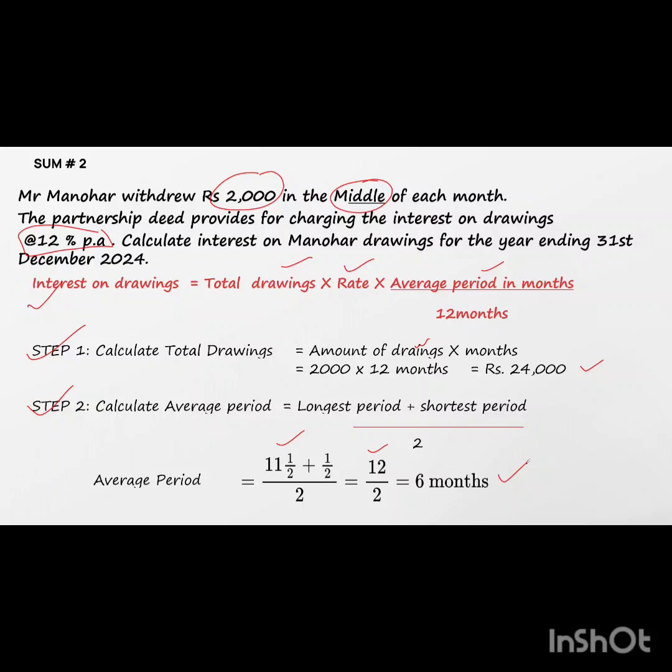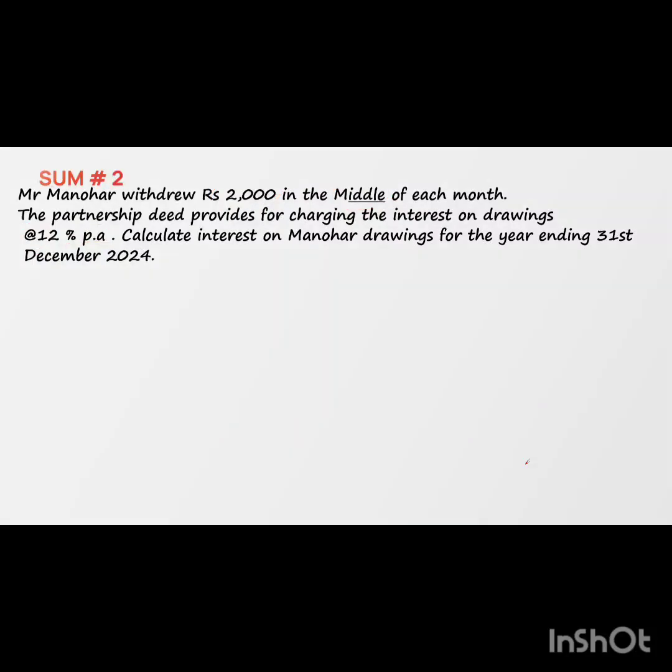So the average period here is 6 months. Now we have to calculate the interest on drawings. The third step, the interest on drawings formula, is total drawings into the rate into the number of months divided by 12.